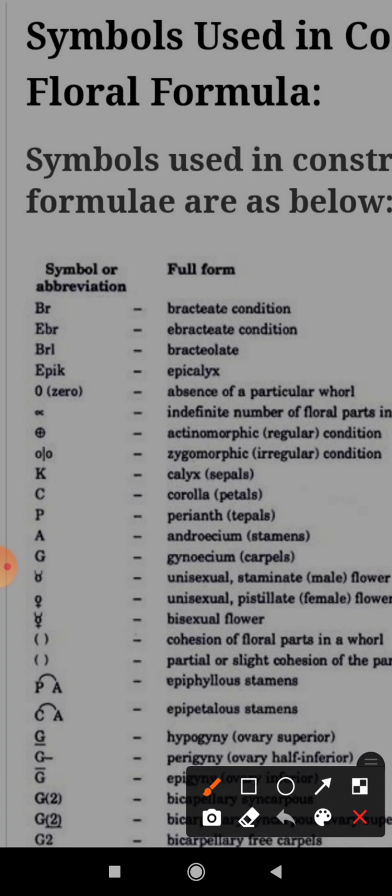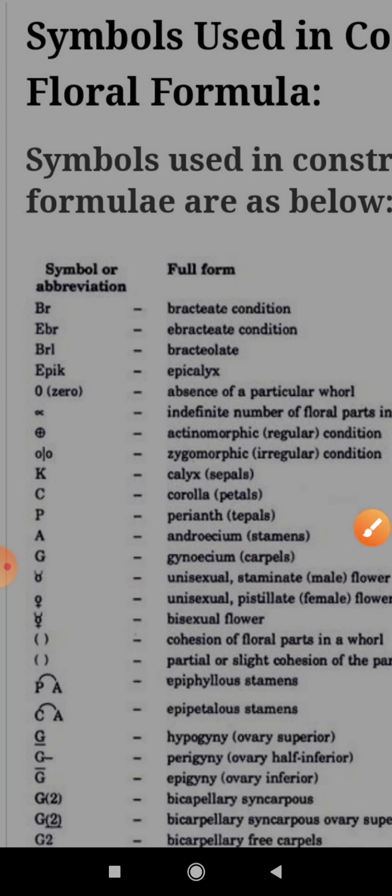Then if the petal and the sepal are fused, that is known as perianth or the tepal, and perianth is represented by a capital P, right? Androecium or the presence of stamen is capital A, gynoecium is capital G, right?